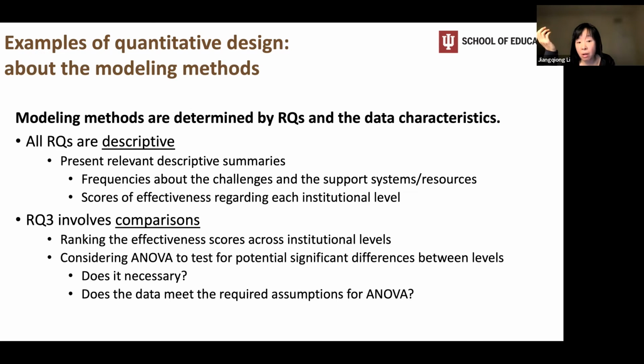For example, if you only collect data from 15 students, then sample size can be a concern, right? And also, if at the beginning of your study you have decided, yes, I definitely need to involve an ANOVA study in a later step to answer my research question, then I will decide how I should create the measure of my effectiveness variable.